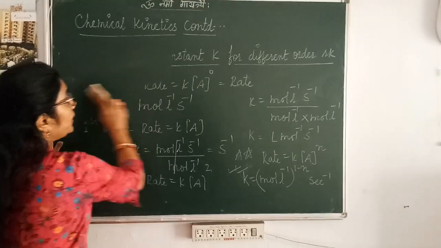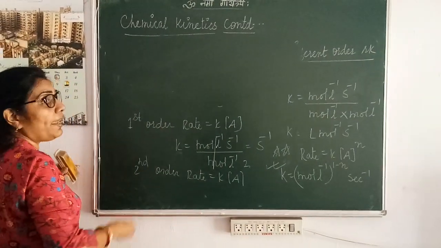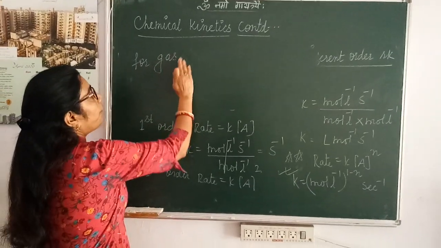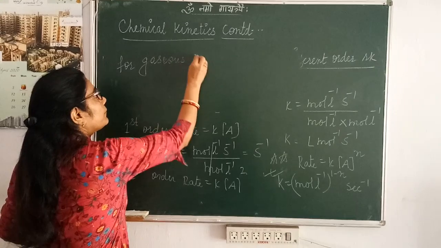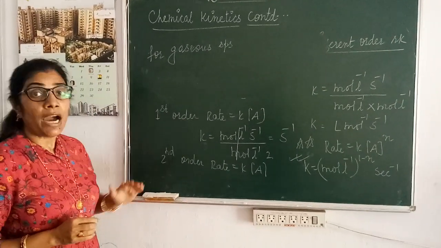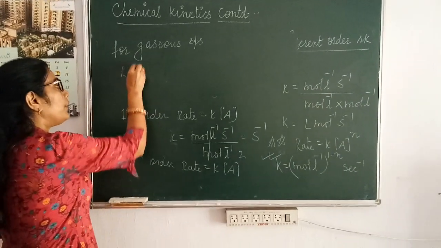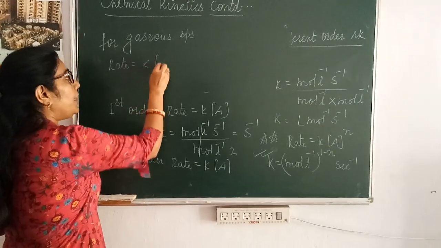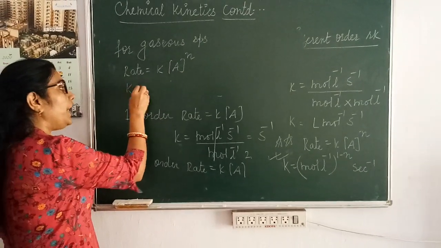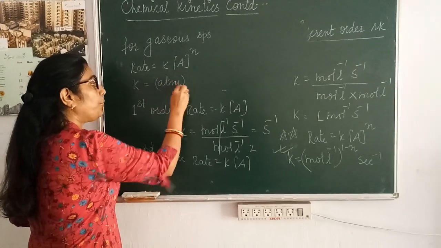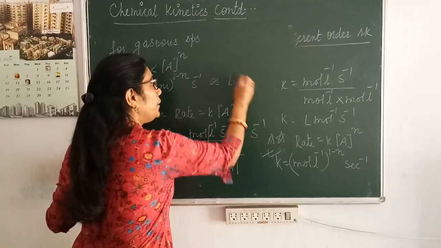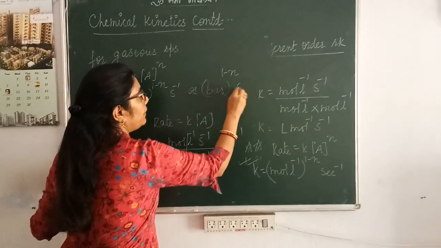And if the species is a gas, that is, for gaseous species, when the concentration is expressed in terms of partial pressure, then rate is equal to K into A to the power n, the same formula, but K is equal to atmosphere to the power 1 minus n per second, or bar to the power 1 minus n per second.